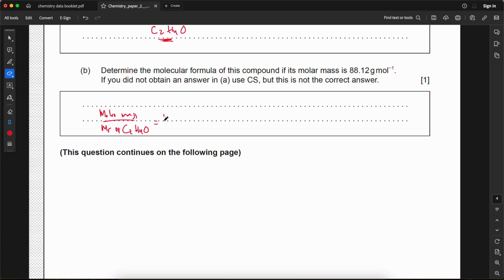That would be 88.12 divided by 44.06. If you calculate C2H4O, you'll get 44.06, so the ratio is 2. Thus, the molecular formula would be 2 times the empirical formula. So the molecular formula would be C4H8O2.